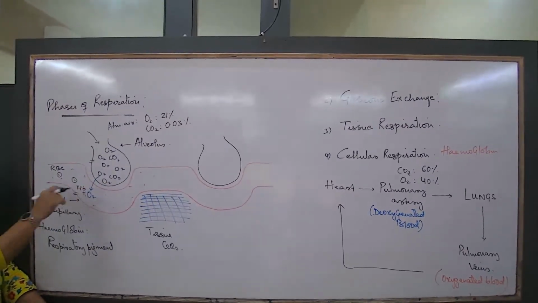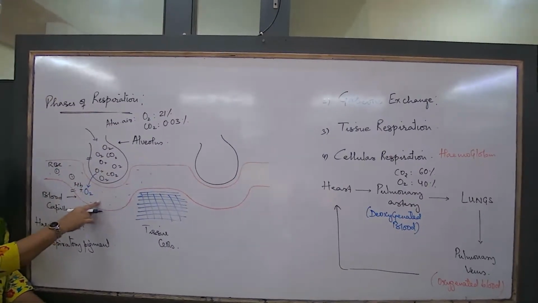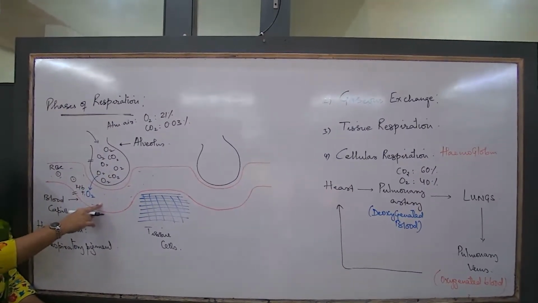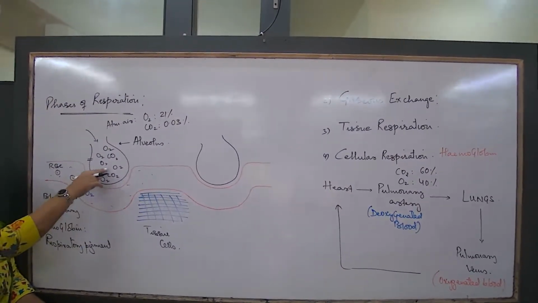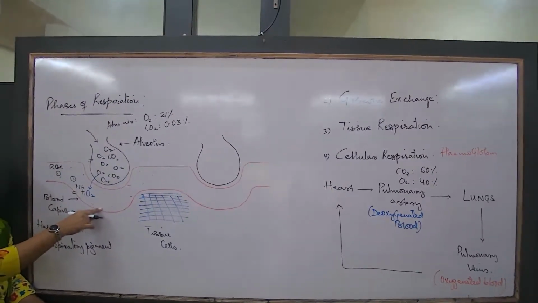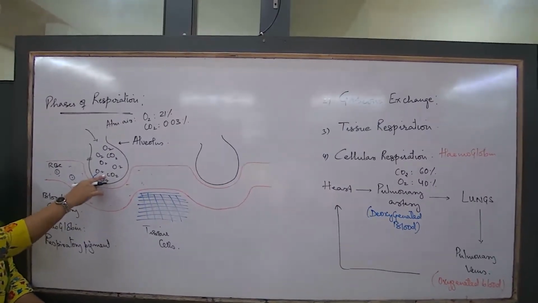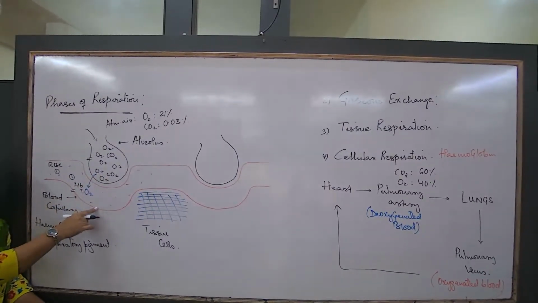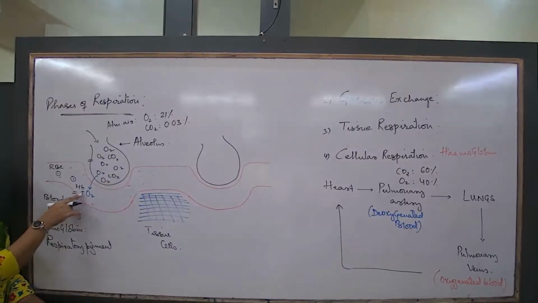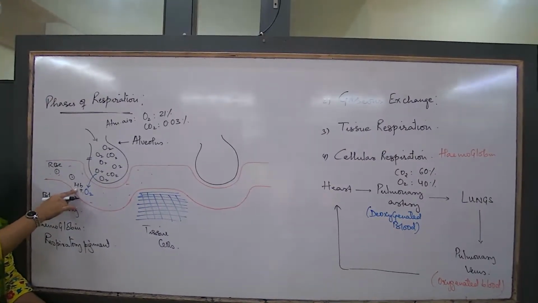So now that I'm comparing that here oxygen is more and here oxygen is less, what will be the direction of oxygen transport? From the lungs to the blood. A simple process of diffusion is happening. Oxygen moves from a region of high concentration to a region of low concentration, and then makes a bond with this compound hemoglobin.